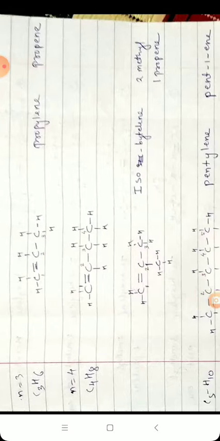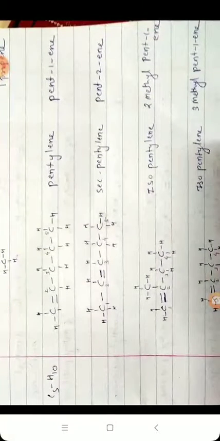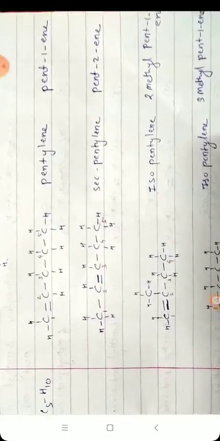Now we use 5 carbons. If the number of carbons is 5, we get nearly 4 isomers. What is the molecular formula? C5H10. We have to number according to this.